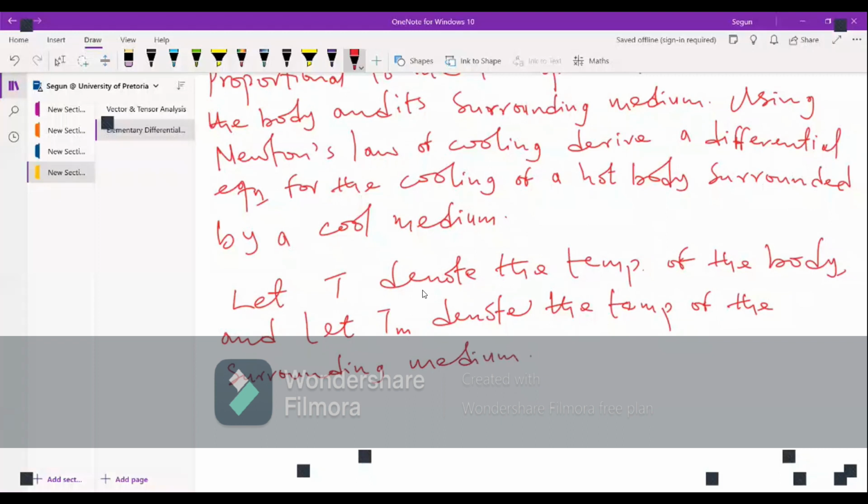Surrounding medium can be in different space. It depends on where we are trying to consider. So let's take note of that.